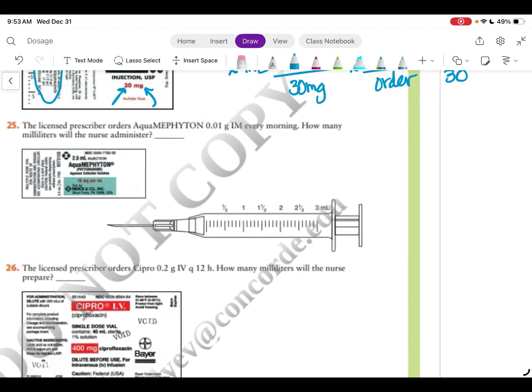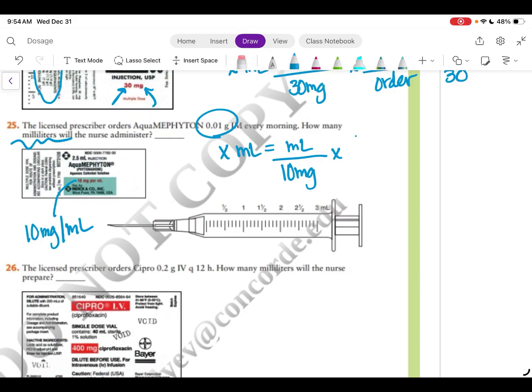All right. Number 25. So you have an order for aquamethicone, 0.01 gram, right? How many milliliters are you going to give? Looking at this label right here, it's 10 milligrams per milliliter. So again, I'll have to do some converting. I'm going to start as I do, XML.